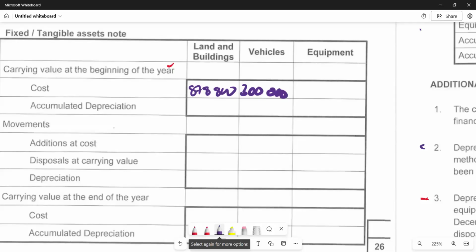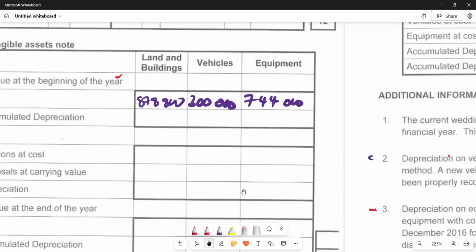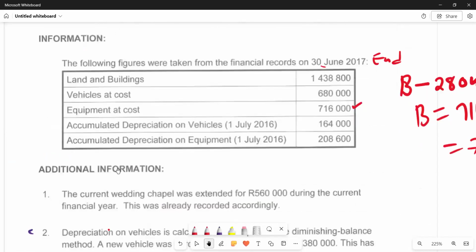So here we have 744,000 as our cost. And then our accumulated depreciation in the beginning, the figures are already given there, so we are just picking the figures that we have there. Remember, we are given accumulated depreciation on vehicles, it's 164,000 at 1 July 2016, which is at the beginning of the year.